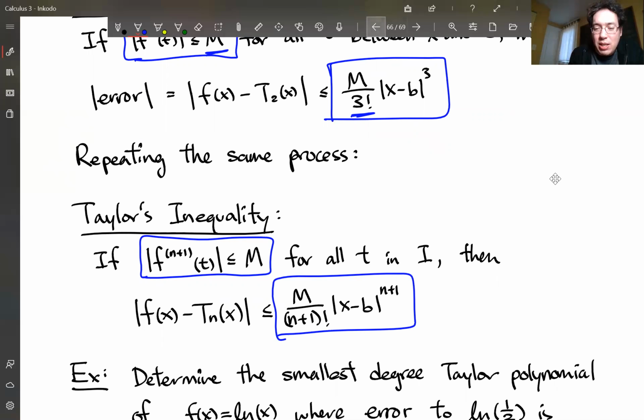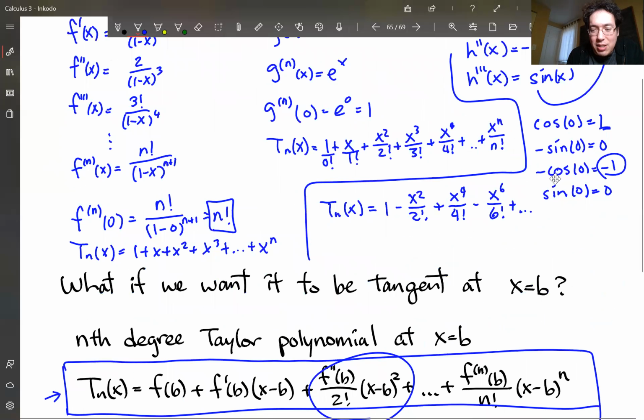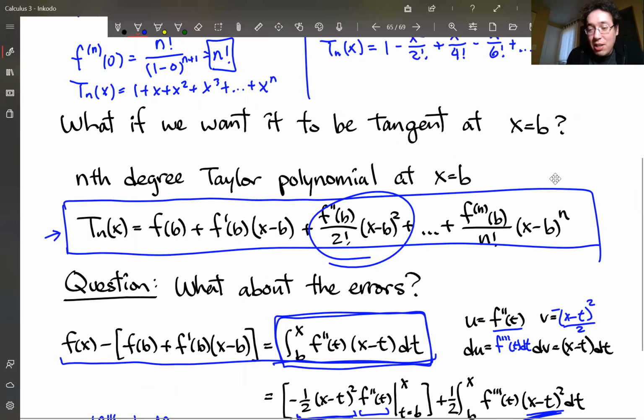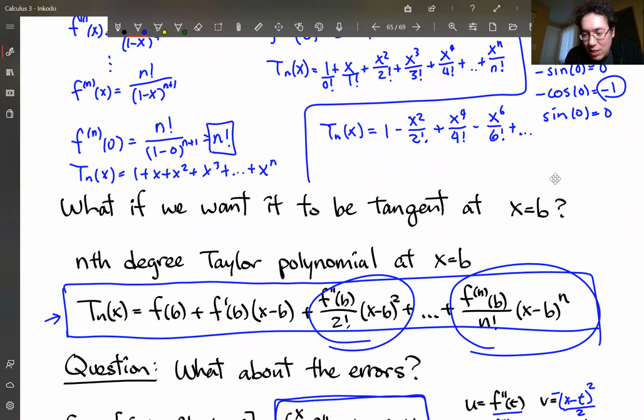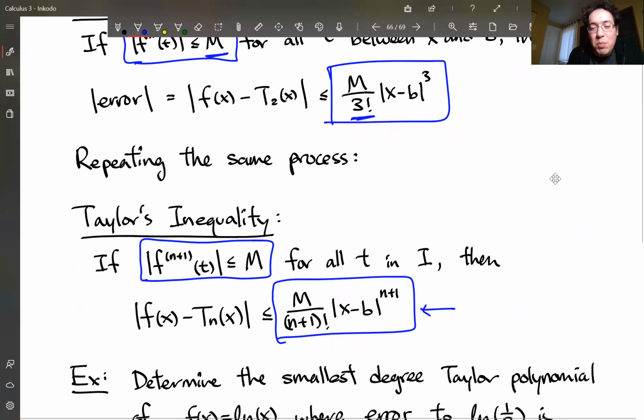Notice how the form of the error looks very much like the terms that you're adding in the Taylor polynomial itself. So you just remove the numerator, change that into a big M, and then the next term is going to be n plus 1 factorial and x minus b to the n plus 1 power with absolute value signs. Okay, so if you can remember the formula for the Taylor polynomial, the error kind of looks like the next term you would have added if you took one more derivative.